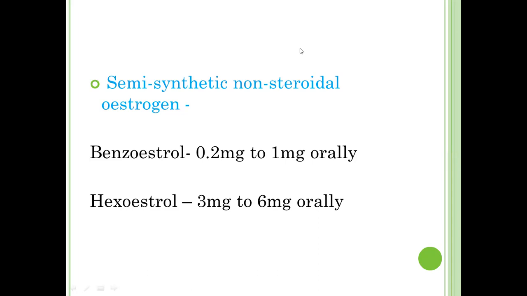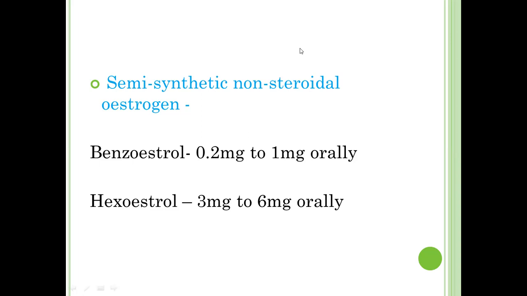So the preparations are given as semi-synthetic non-steroidal estrogen, semi-synthetic steroidal estrogen, and naturally occurring estrogen. Here we complete female sex hormones, in which the first is estrogen, natural and synthetic, with their therapeutic applications, contraindications, side effects, and preparations. Do all of you understand?